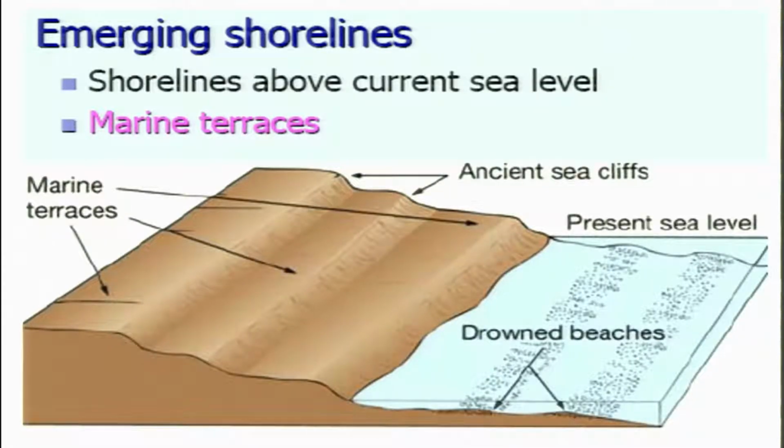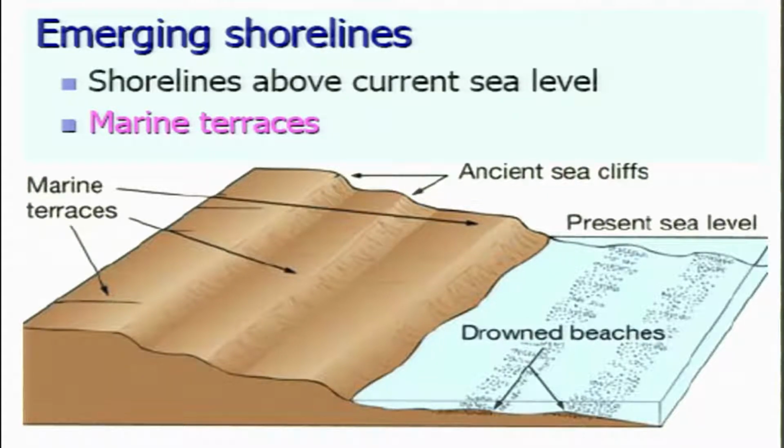Now, as I told, if there are either tectonic movements which will uplift the area, or there is a sea level fall or rise, okay, this phenomenon, or the process, will result in the formation of terraces, okay. So you will have flat steps, okay, which have been formed because of the change in the sea level.